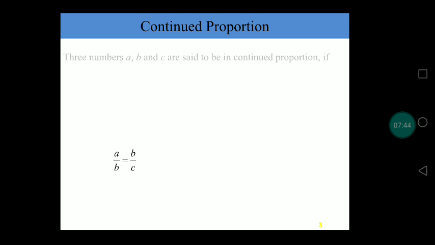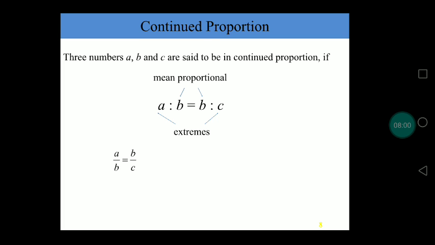Now next, what is meant by continued proportion? Continued proportion: three numbers A, B and C are said to be in continued proportion if, look at here, A and C are extremes, B is the mean proportion and C is the third proportional.